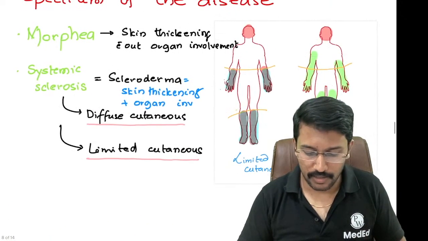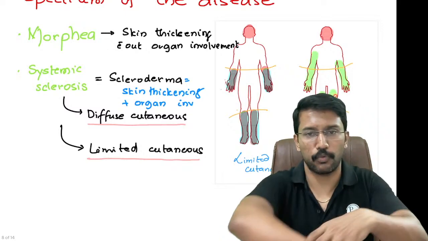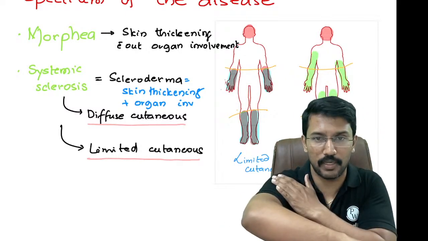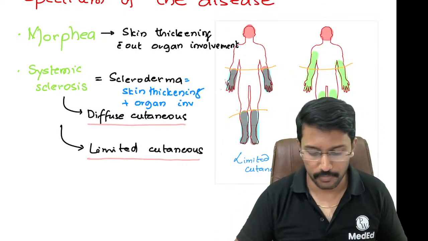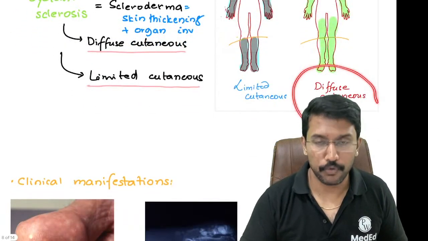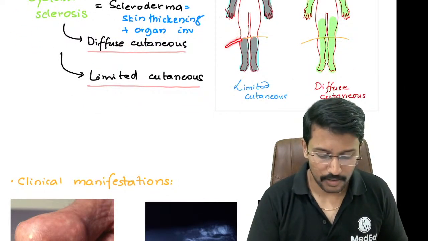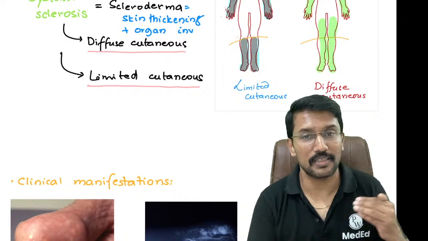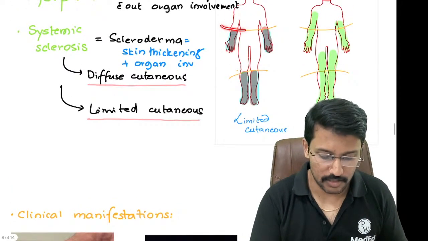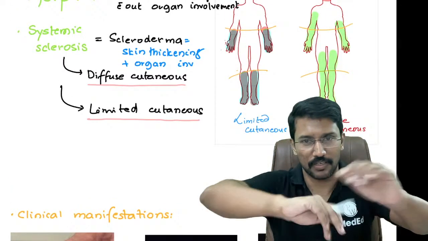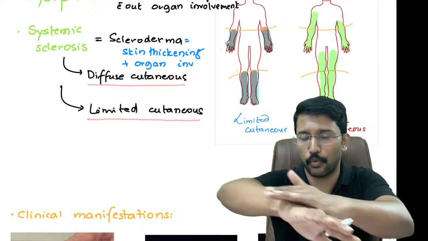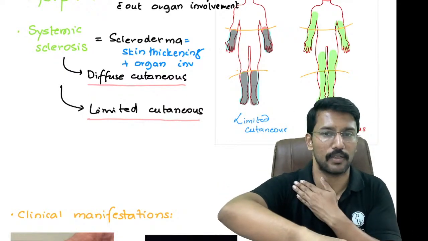When skin hardening exceeds this, meaning it progresses more proximal than the elbow joint in the upper limb and the knee joint in the lower limb, then we will call it diffuse cutaneous. So here the skin thickening is restricted to portions distal to the knee joint and distal to the elbow joint. Skin hardening starts here, progresses maximum here, don't go beyond that.